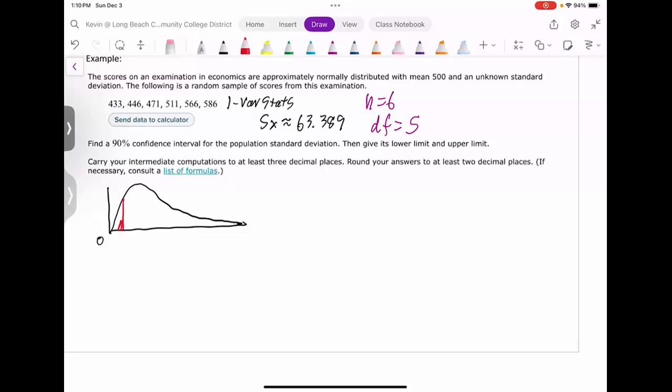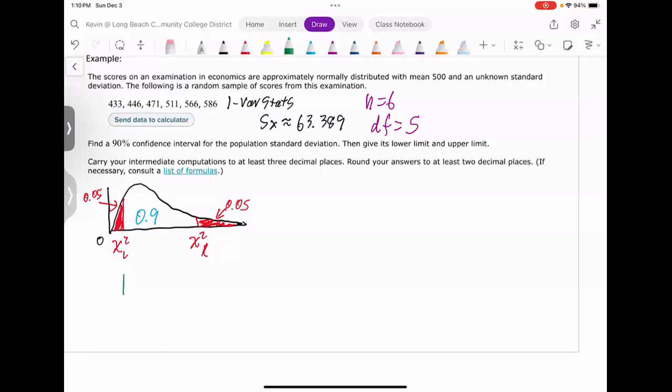That leaves 10%, and so half of that is 5%. And the other 5% goes right there. My chi-squared left, chi-squared right, and right in the middle is 90%, 0.9.